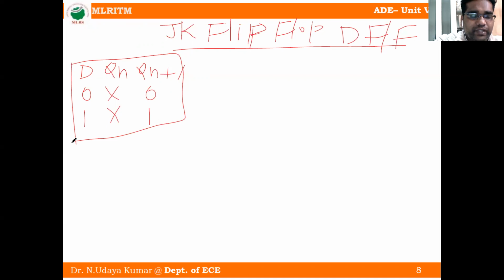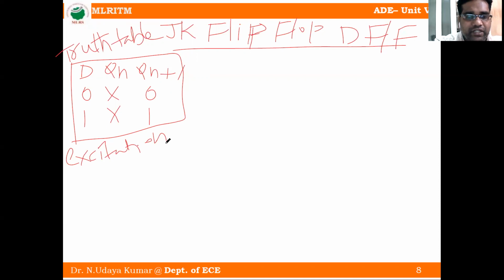Now the excitation table for the JK flip-flop starts with Qn plus 1 and JK: 0 0, 0 1, 1 0, 1 1.